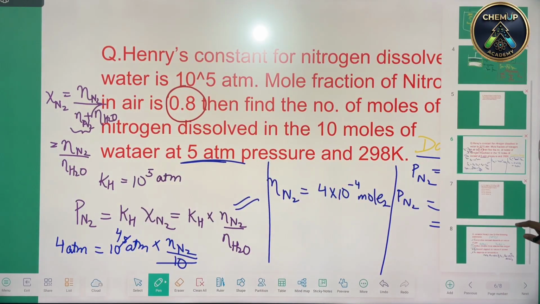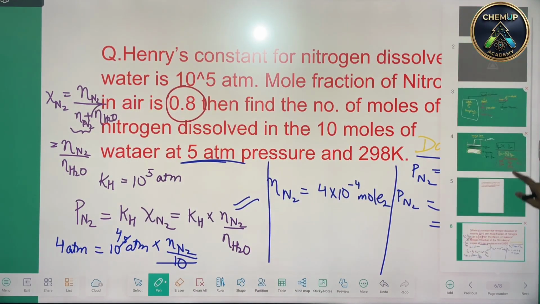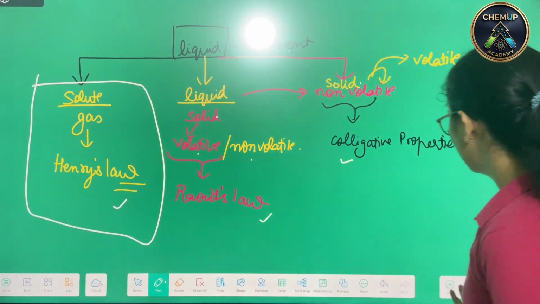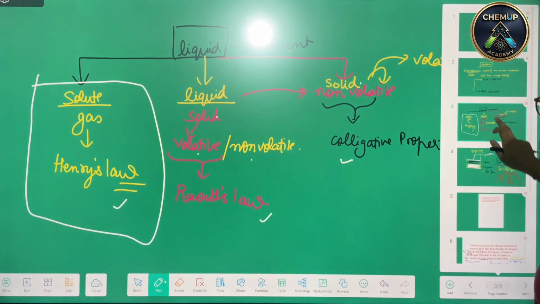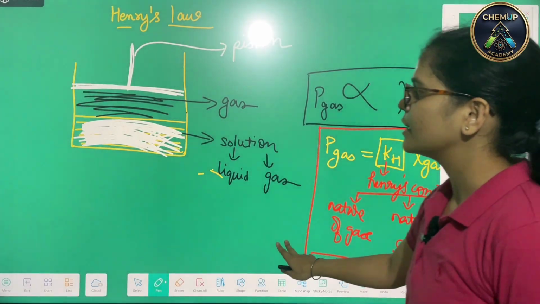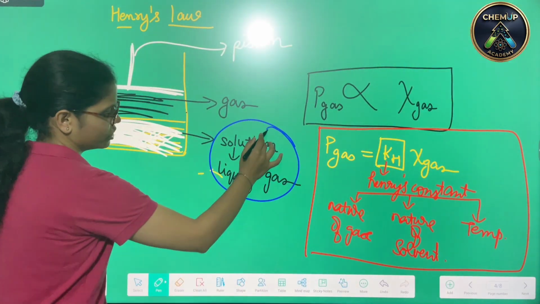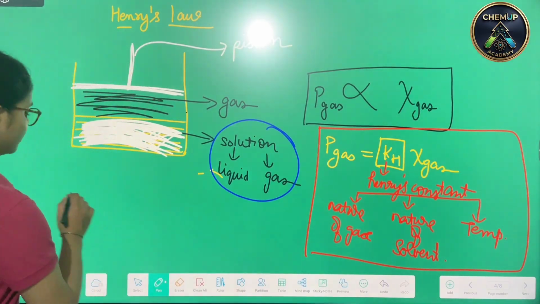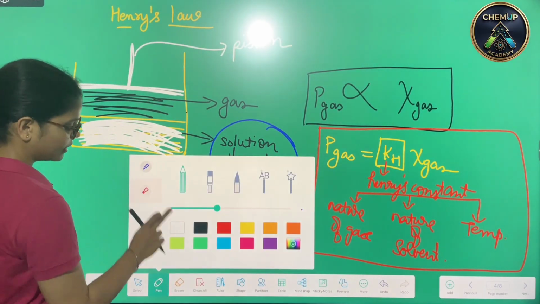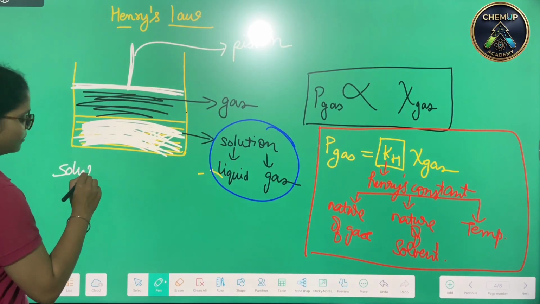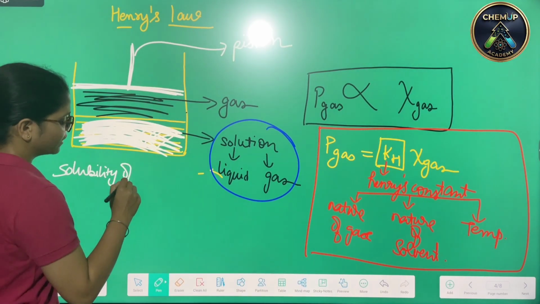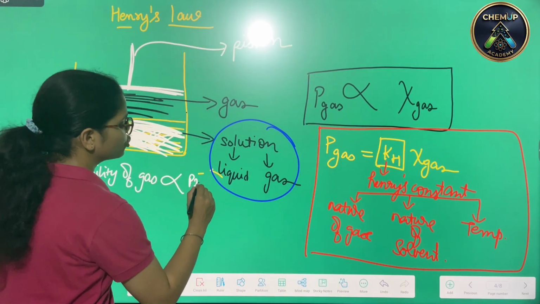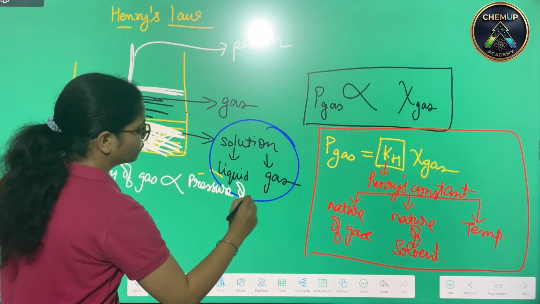So this was all about our Raoult's law, sorry, Henry's law. Henry's law says that whenever there is a solution of gas, the solubility of gas is directly proportional to the pressure of gas.